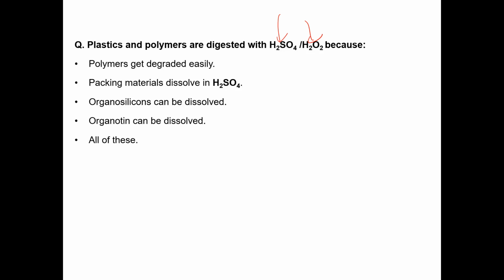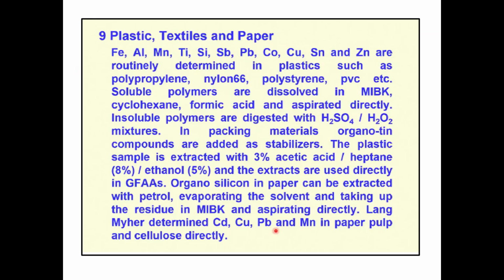So it degrades the polymers, breaks down the organic part, and frees the metal for analysis in AAS, right? So this will be the right answer, and this is basically a compact discussion related to plastic, textile, and paper.